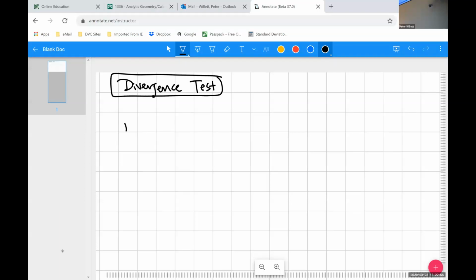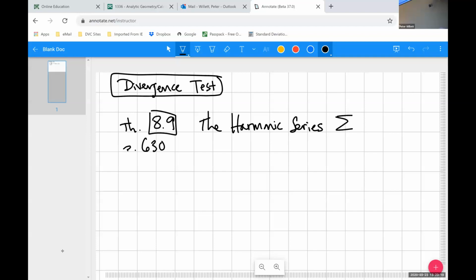So just to take note, Theorem 8.9 on page 630 says that the harmonic series, which is the summation of 1 over k, diverges.